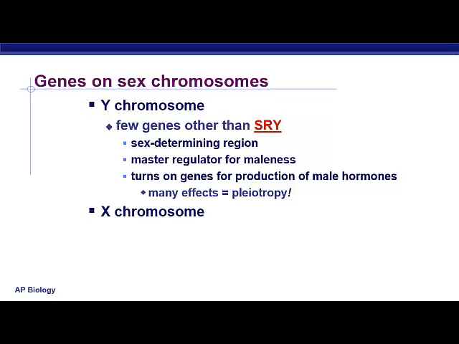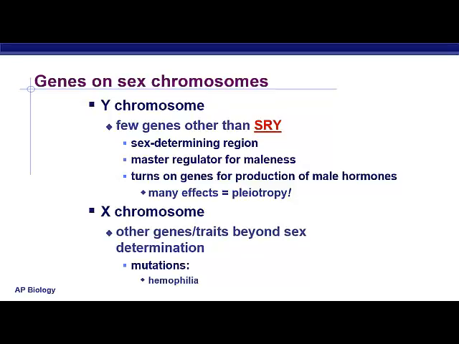The SRY gene causes the development of testes in embryonic development. Testes will not develop unless you have this SRY gene. The SRY gene can also cause production of testosterone and other traits that lead to a male.